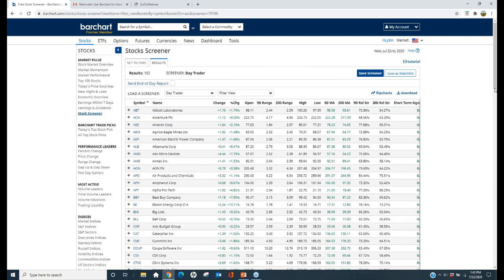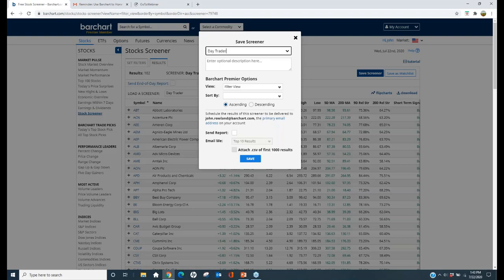Okay, so if you save the screener, so let's say you set up all these filters and you'd like to run the same screener every single day, in the top right corner of your screen it says to save the screener. This is going to save the filters so that you can come back tomorrow and run it again at a later time. There it is. Yeah. So you can have this sent to me in a report, sent to an email, and save that as well. So that's a nice little feature I like.